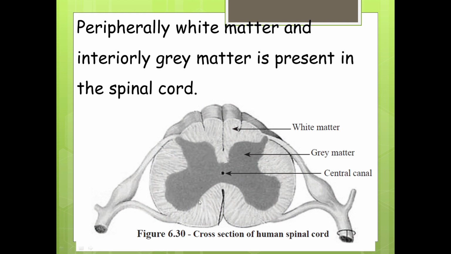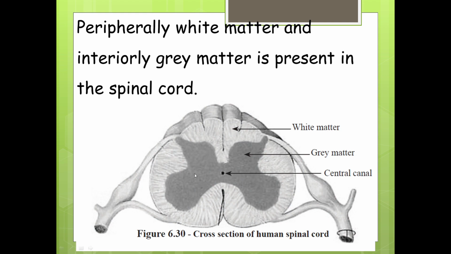In this cross section of the spinal cord, you can identify two zones, the gray matter and the white matter. In the brain also you saw that it is composed of gray matter and white matter. In the brain, white matter is inside and gray matter outside. But in the spinal cord, it is the other way around.